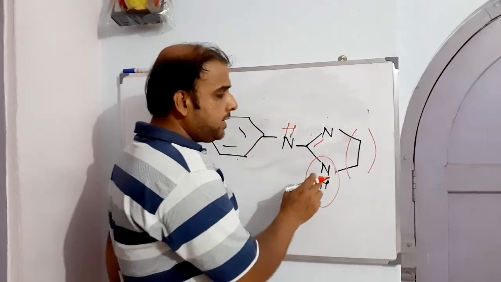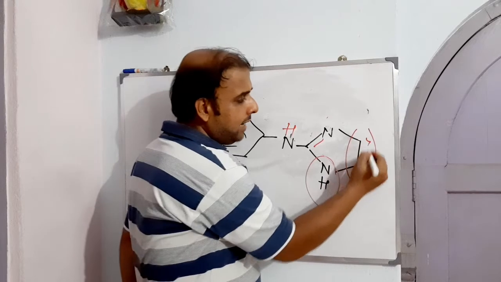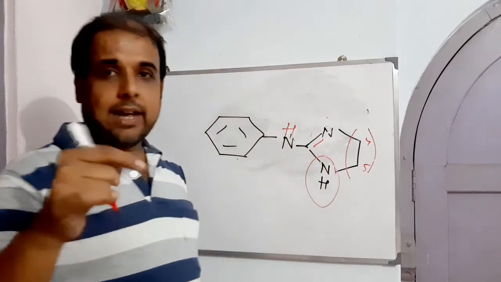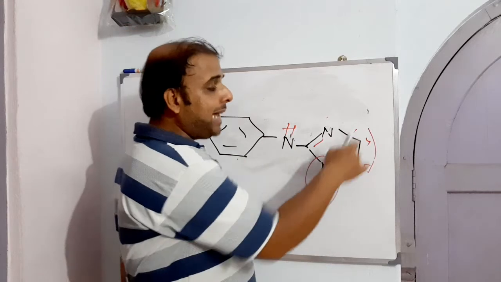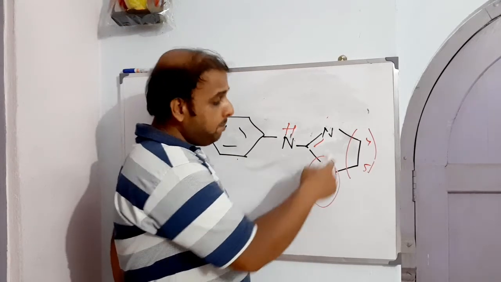If we start numbering from here, 1, 2, 3, 4, 5, it is the 4th and 5th position that is hydrogenated. So you need to mention in the IUPAC name 4,5-dihydro. We are left with another hydrogenated position, so that is why 1H-imidazole.